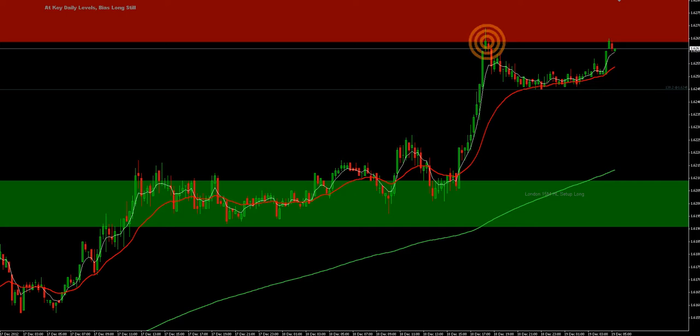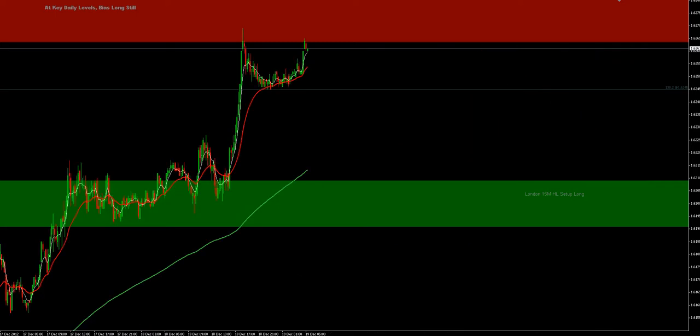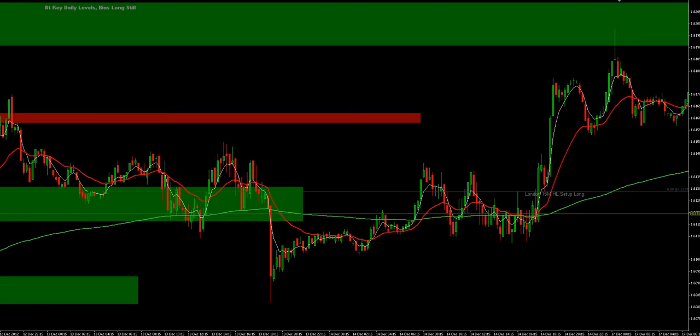Was looking for a fib pullback of this, maybe in here, and then going long. So that didn't quite work out as anticipated, but nevertheless the long did play out first.